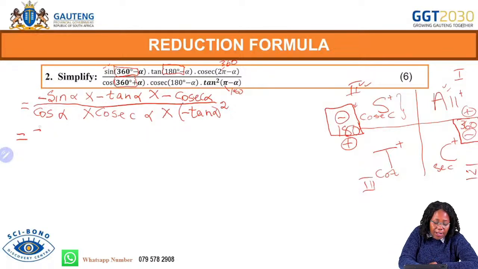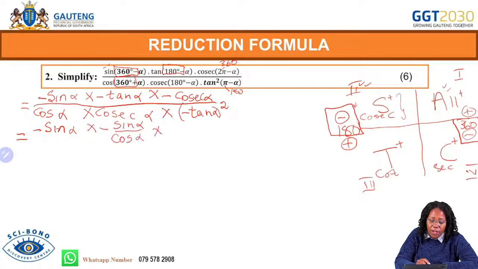We are having minus sine alpha on top, multiply by minus tangent. Do you still remember the tangent identity, sine over cos? Multiply by cosec, remember, is the reciprocal of sine, so it will be 1 over sine alpha.